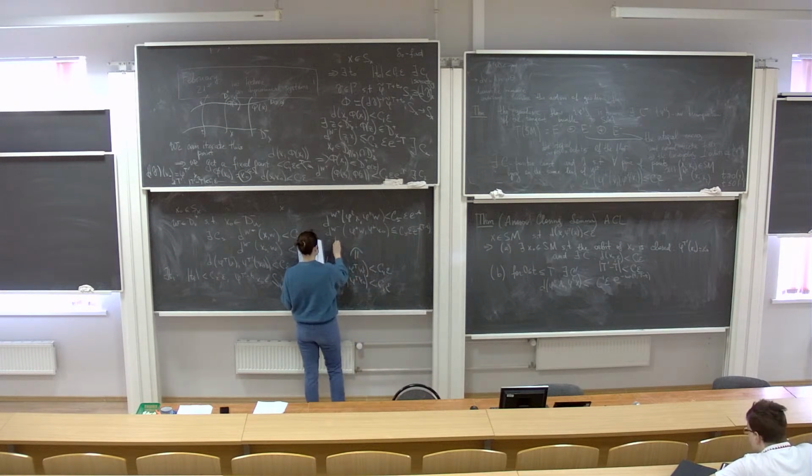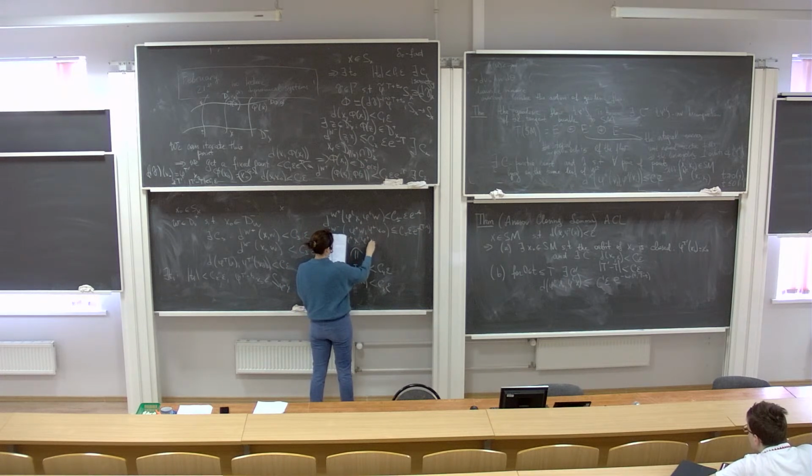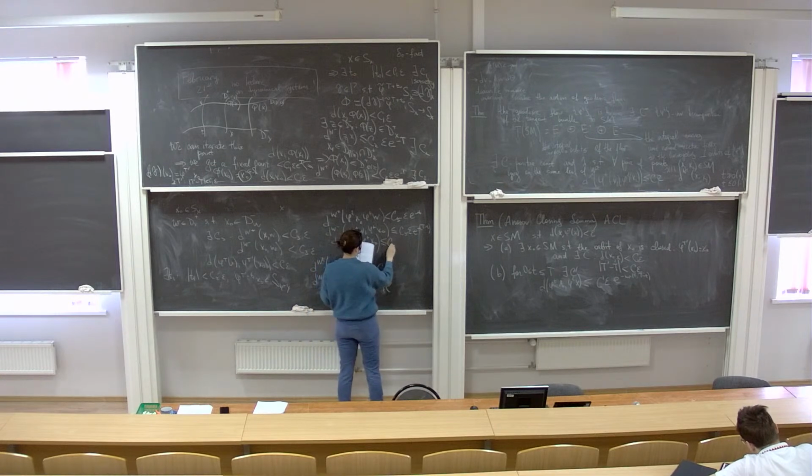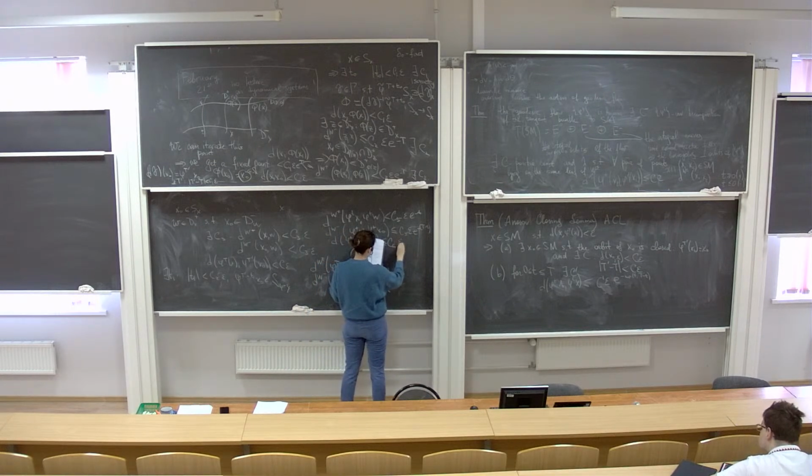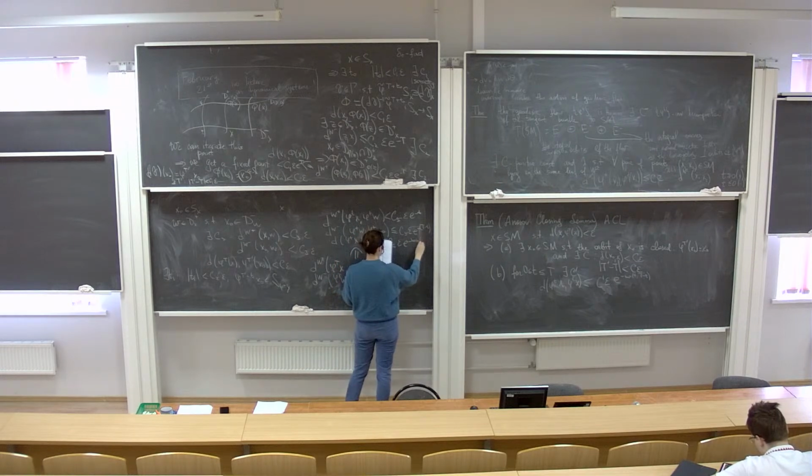So then we conclude that the distance between the orbits of these two points, x and x_0, should be estimated by some other constant, ε e^(-min(t, T-t)).